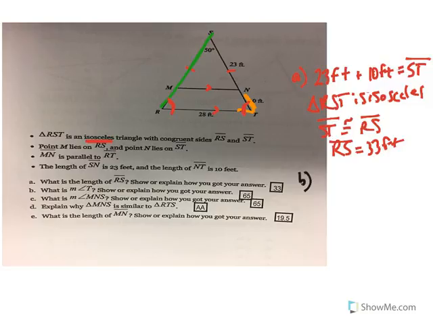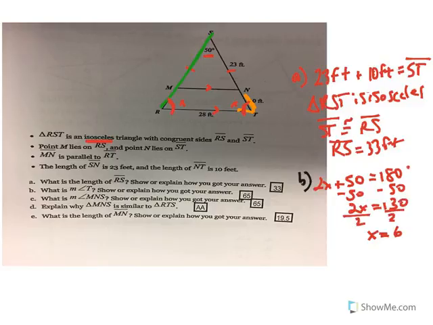If the problem tells us that 50 degrees is angle S up here, and that R and T are congruent, we can call these both X and set up an equation, right? So we'll get 2x plus 50 equals 180 degrees. Solve for x, I get 2x equals 130, divided by 2, x equals 65 degrees.